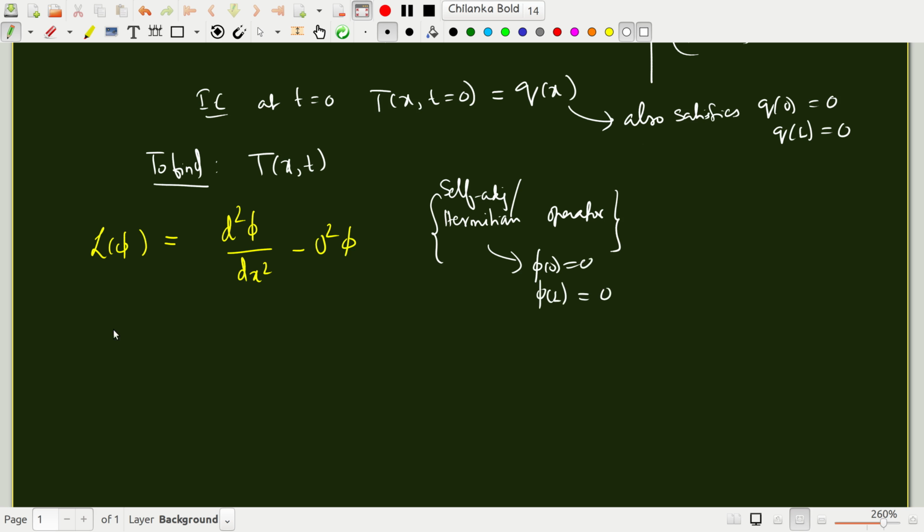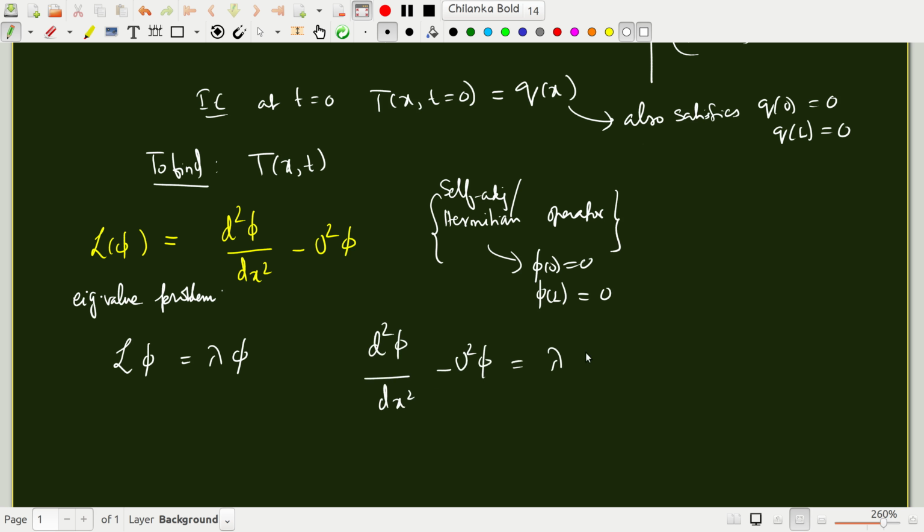Okay, so let's solve the eigenvalue problem for this operator. The eigenvalue problem is L phi equals lambda phi. L is nothing but d squared phi by dx squared minus u squared phi, equal to lambda phi.